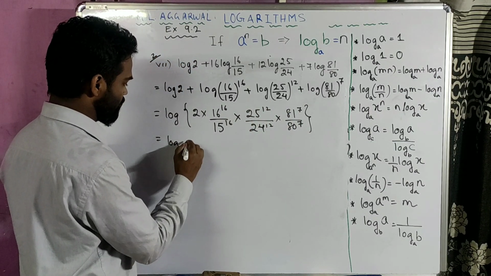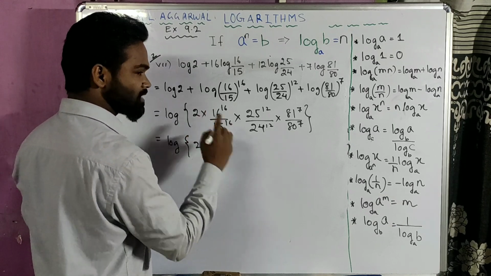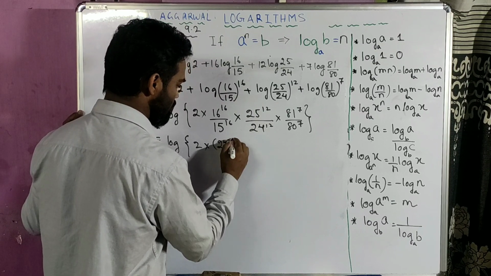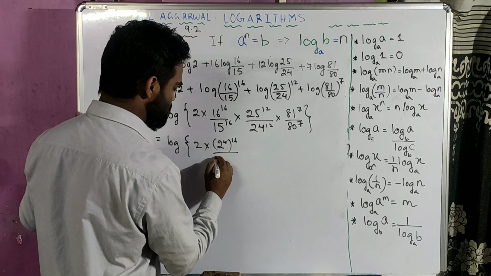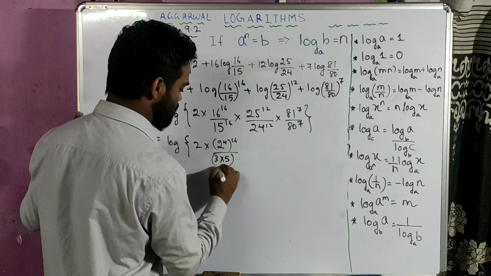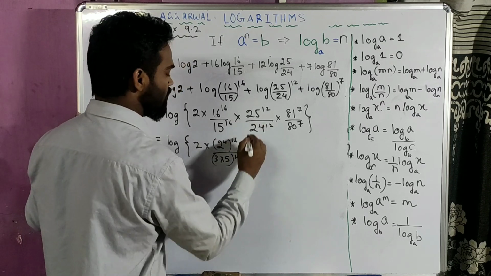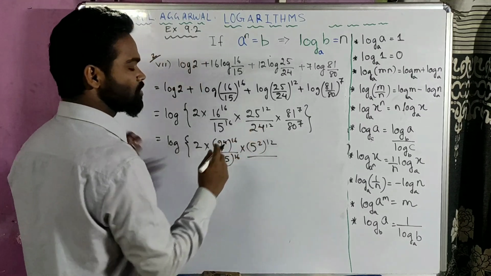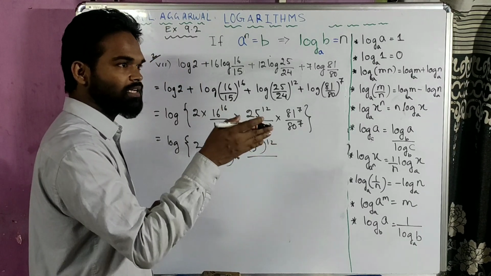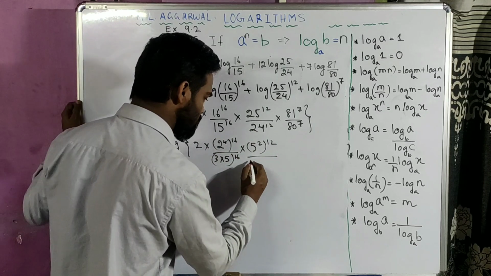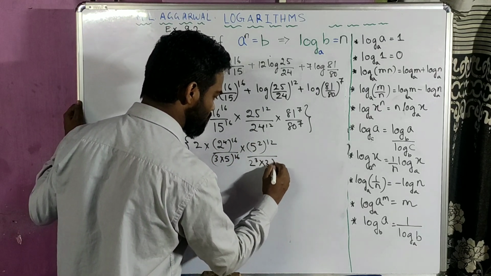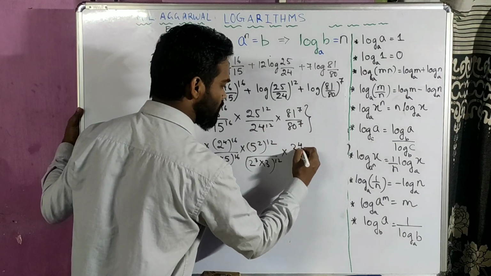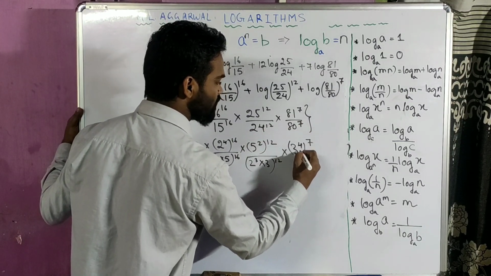Now look carefully. 16 we can write 2 to the power 4, isn't it? And 15 is 3 multiplied by 5 to the power 16. 25 I can write 5 squared to the power 12, and 24 I can write 8 into 3, which is 2 cube multiplied by 3 whole to the power 12. 81 I can write 3 to the power 4 to the power 7, okay?